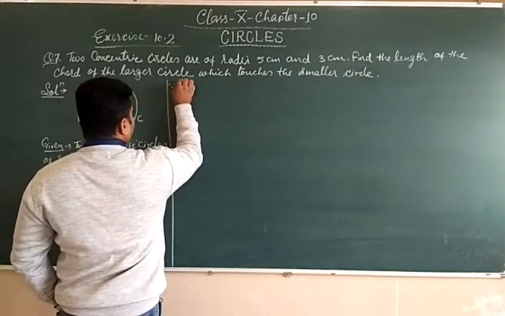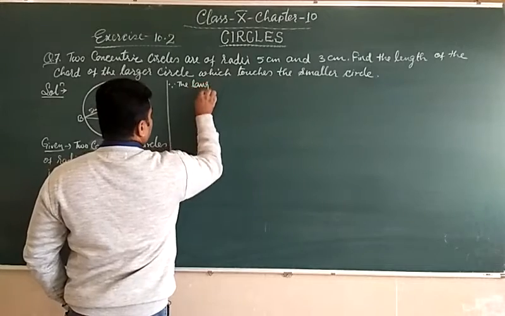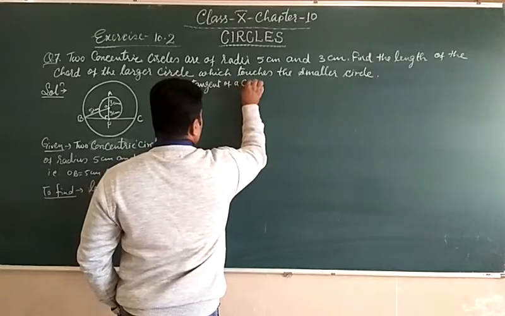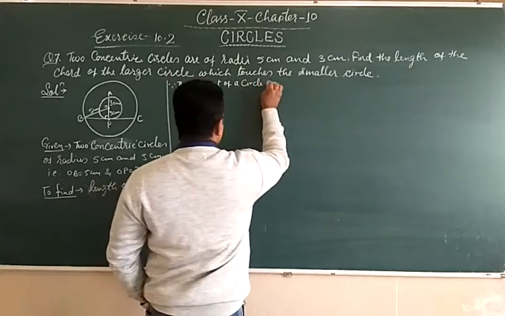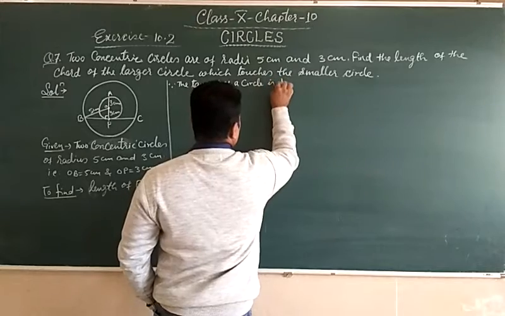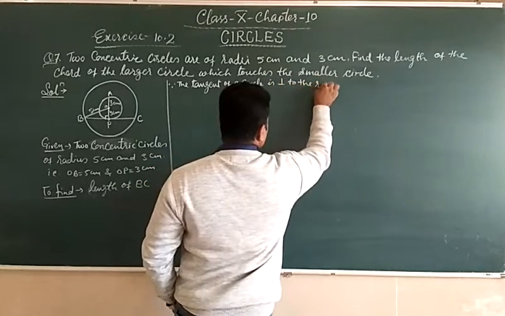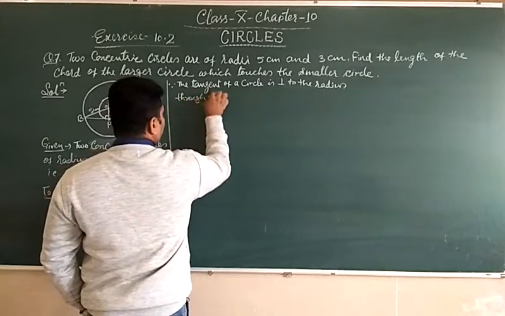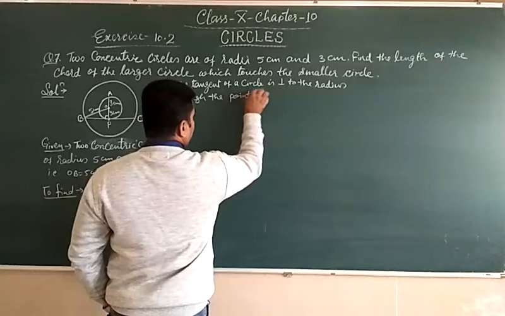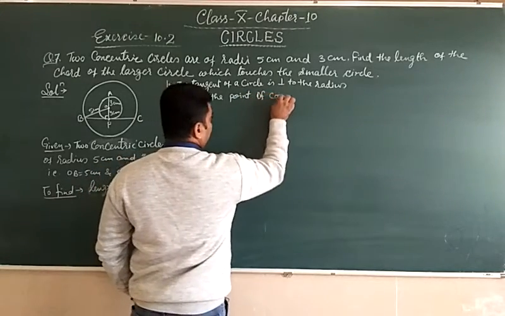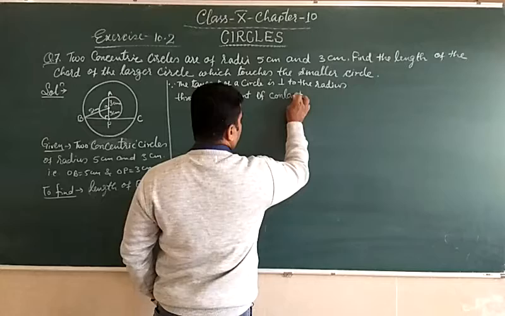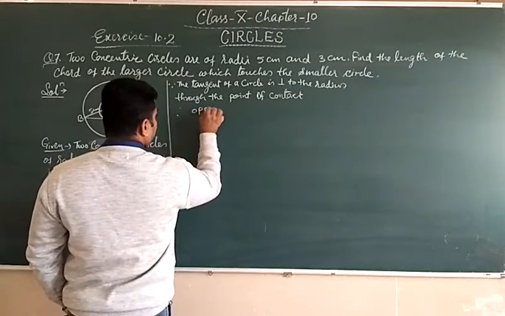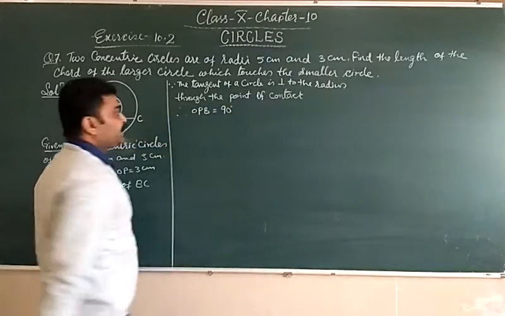Since the tangent of a circle is perpendicular to the radius through the point of contact. Therefore, angle OPB is equal to 90 degree.